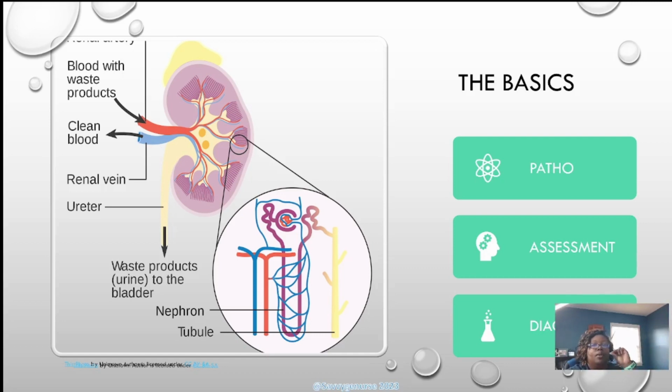Now, this is where I want to pause and give you a Savvyge nugget, okay? And that is that if you don't remember the anatomy of the kidney and the different names and what they do, this is when you need to review that and go in the beginning of the chapter and review those things and make little notes by it just so that you won't get tripped up on some of the patho questions.